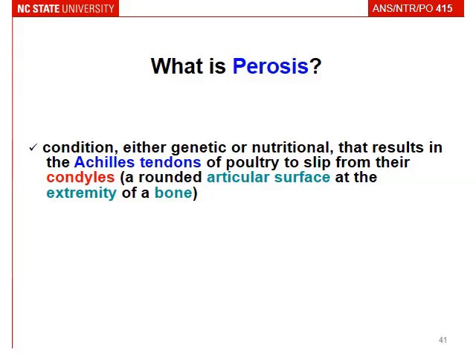So the Achilles tendon in poultry, which is actually on their hock joint, slips, and it basically makes it so they're unable to walk appropriately. That is one of the classic signs in poultry that you will observe, and if you have a substantial amount of the birds with slipped tendons or perosis, then you know that you may potentially have a biotin deficiency.